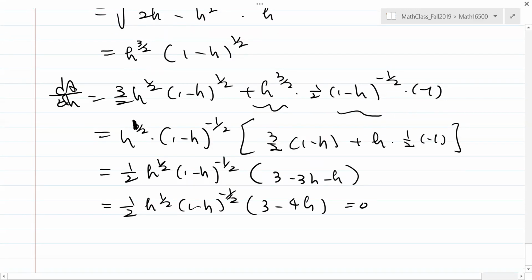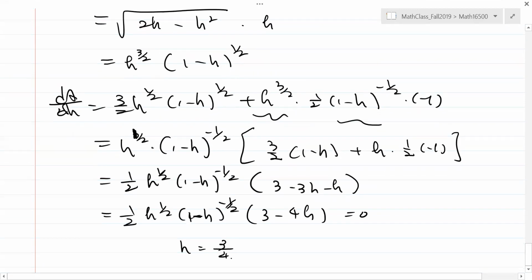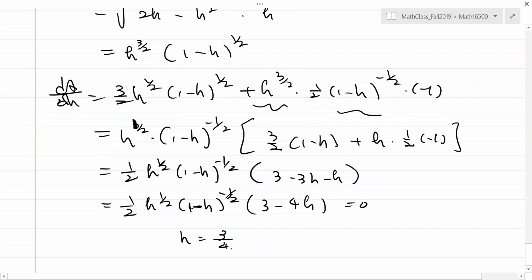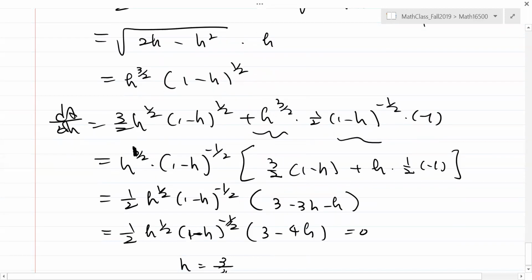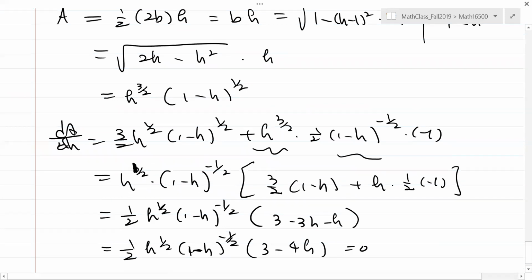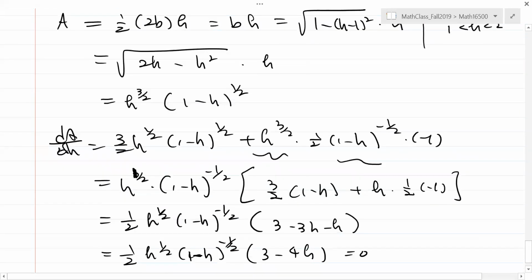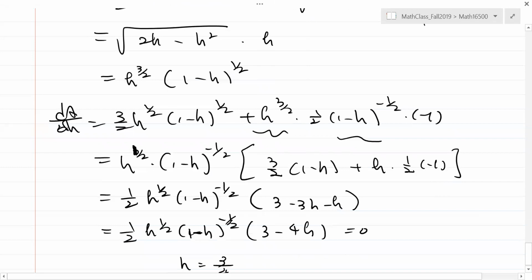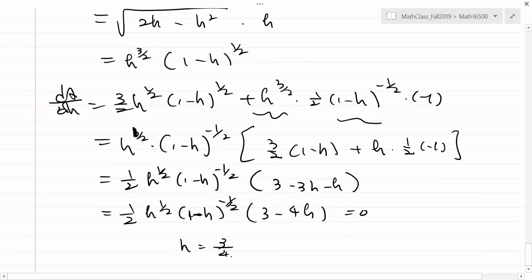You will see that h is going to be 3 over 4. Okay. So 3 over 4 is going to be the critical number. But we also see that the function, yes, 3 over 4 is not a critical number in the interval.